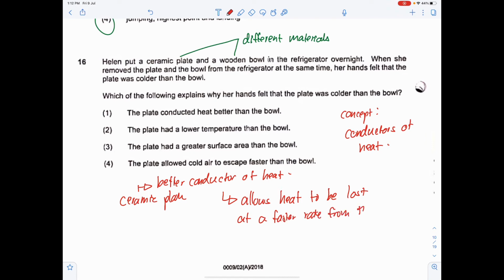Okay, from the hands to the plate. So, because in this case your hands have a higher temperature, because your hands are at room temperature, right? Because you're outside. So when you touch the plate, it felt cold because heat is being transferred from your hands to your plate at a faster rate than it would if your hands was touching your wooden bowl. So answer was 1. The plate conducted heat better than the bowl. Very straightforward.